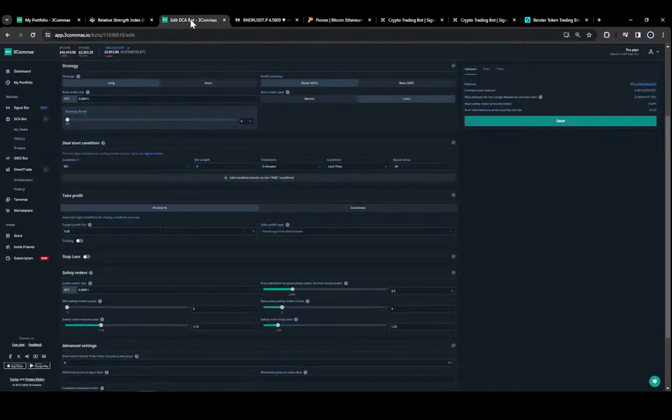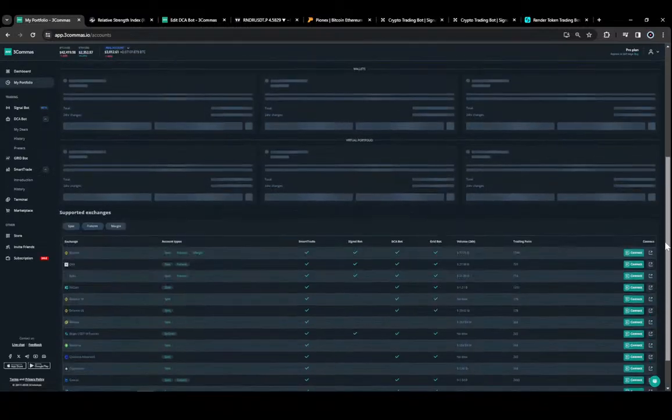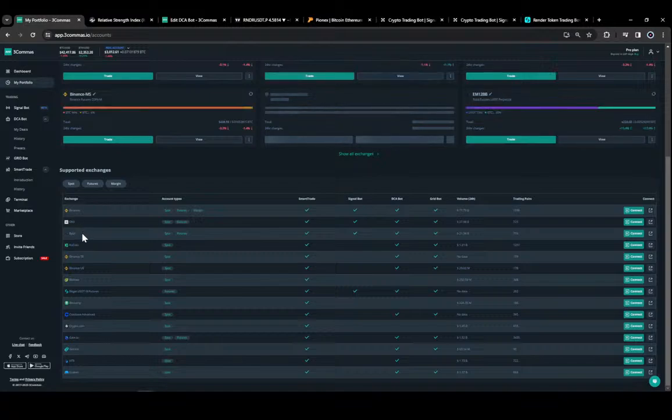So then the question is, what's the benefit of using 3Commas? And to me, the benefit is that if you are using multiple exchanges, 3Commas consolidates all of that into one place. They support quite a few exchanges today. Let me open this page now. So they support Binance, OKEx, Bybit, KuCoin, and so on.